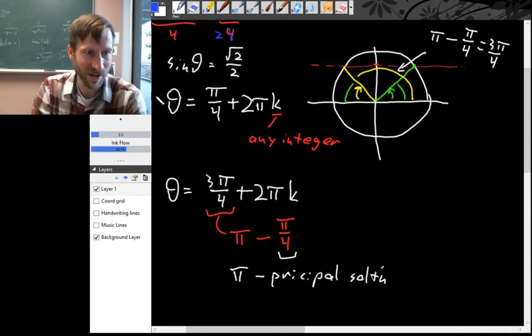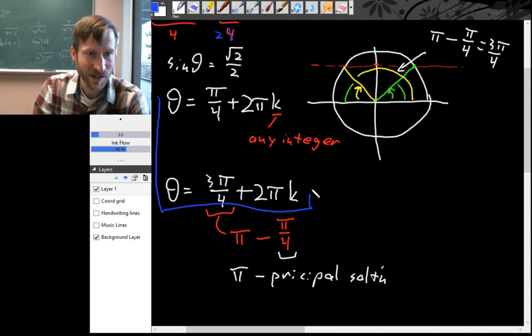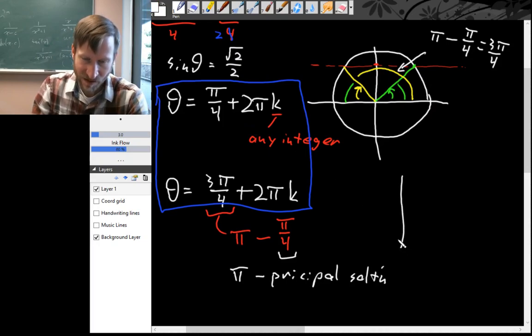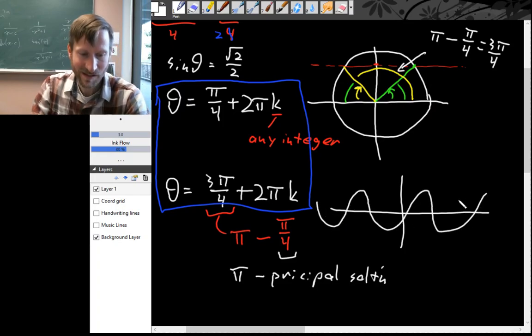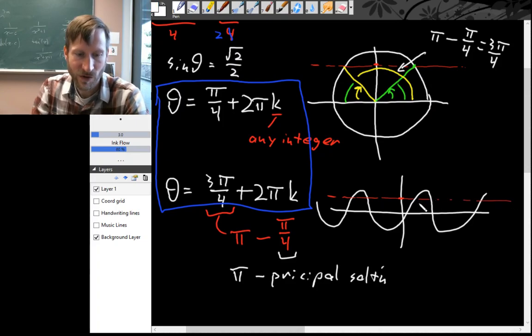So here we have a very large collection of solutions to this equation. To make sure that we've found them all, let's look at the graph of sine. Looks something like this. And root 2 over 2 is about here, say. This first positive intersection, that's pi over 4, so we got that one.